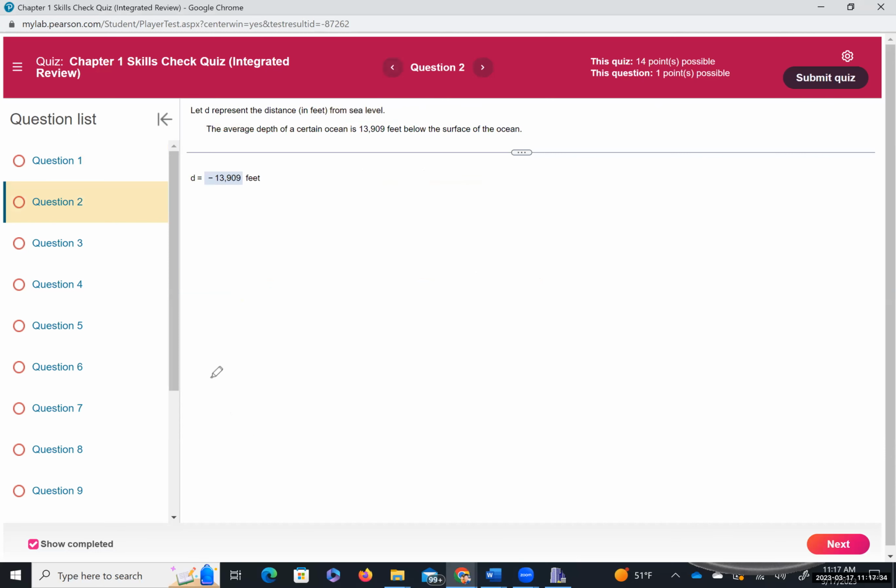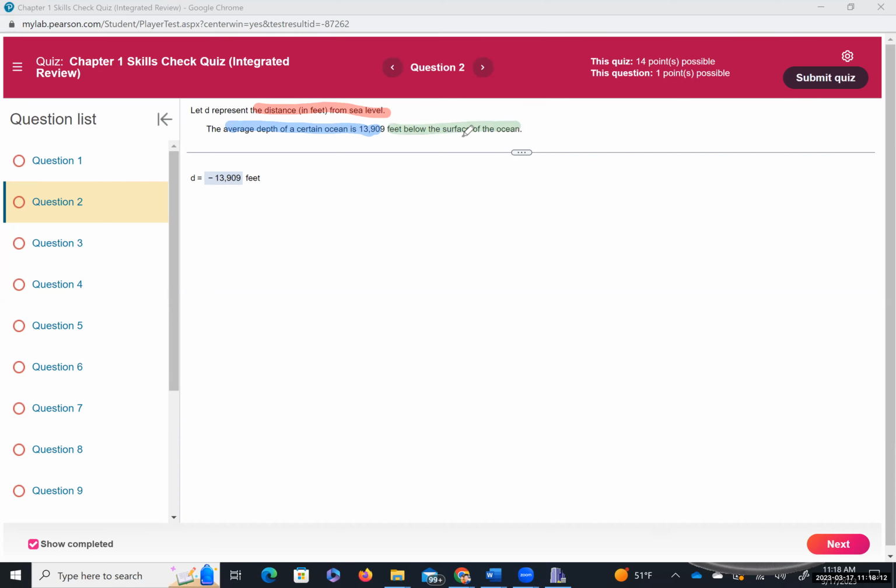The next question says to represent the distance in feet from the sea level. You have to read the question carefully. The average depth of a certain ocean is 13,909 feet below. See the word below there, below the surface of the ocean. I would like to use another color to make sure you watch out here.